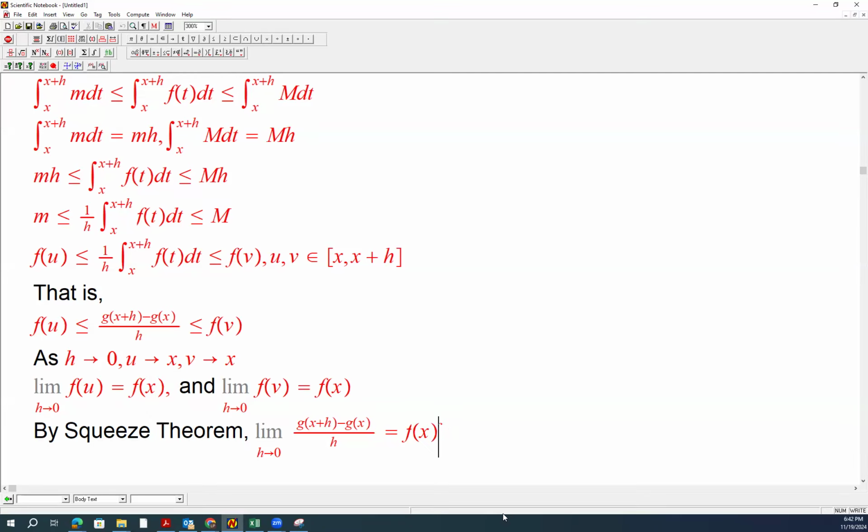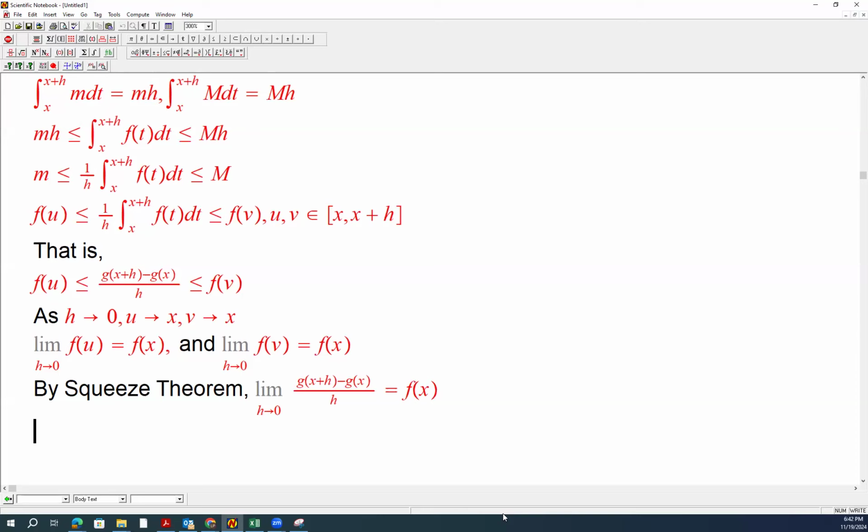So by this time, we have proved that g is differentiable at every point inside (a, b).